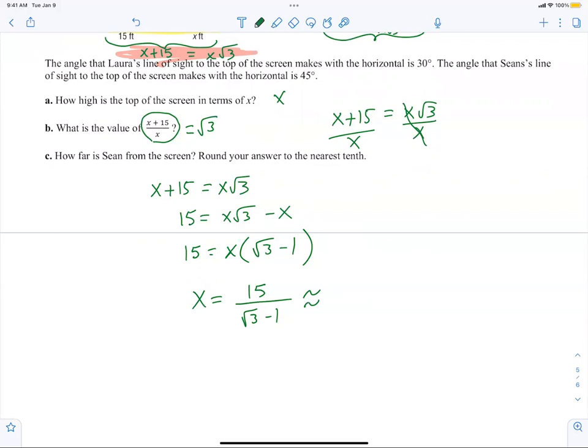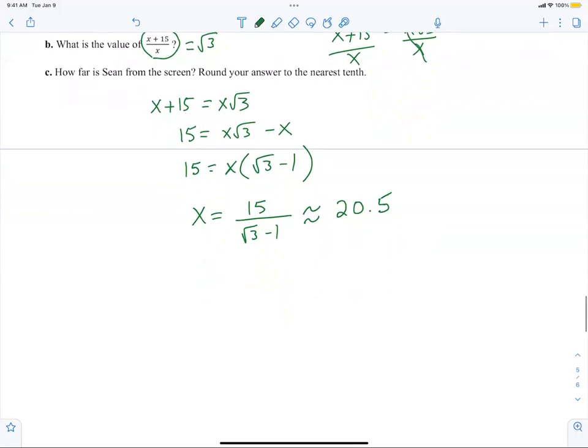What did you get approximately? Somebody said 7.66. No, you guys aren't right. You got 20.49. Yeah, that's what I got. About 20.5. That's part of the reason why I wanted you to do it on your calculator, because you need to do 15 divided by parentheses square root of 3 minus 1.